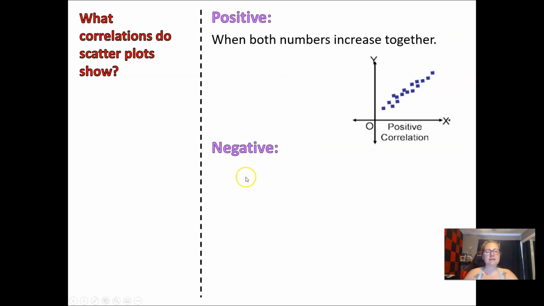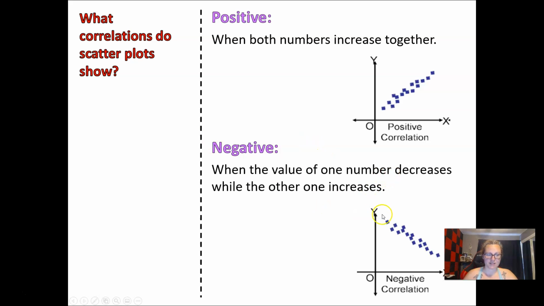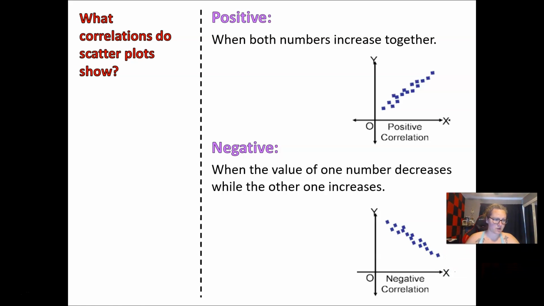A negative correlation, you can probably guess, looks like this. Let me move my little video. It's going from left to right, my points are going down. You'll notice it says when the value of one number decreases while the other one is increasing. If I'm counting from left to right, my x's are getting bigger: 1, 2, 3, 4, 5.